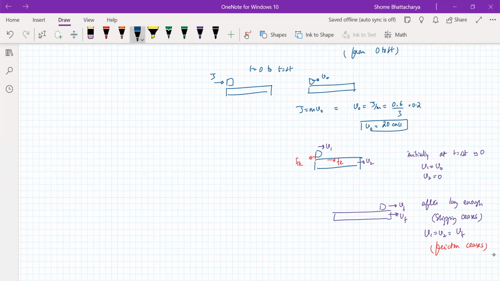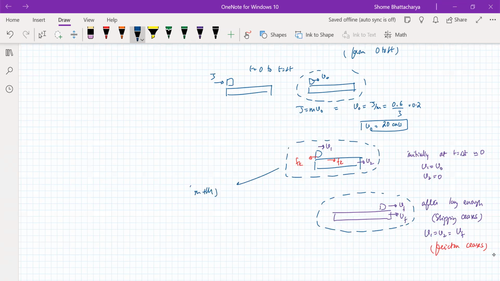Now the interesting thing is, if you look at this picture and compare it to this picture, for the system there is momentum conservation because the external force is 0. So for m plus M as a system, after the impulse J has been applied, because that was an external impulse, that external impulse only will be equal to this momentum, which will become equal to this.